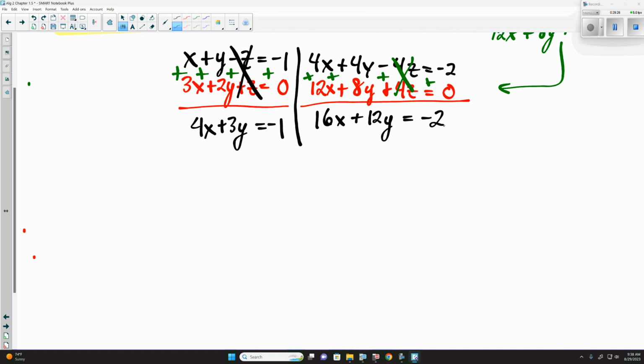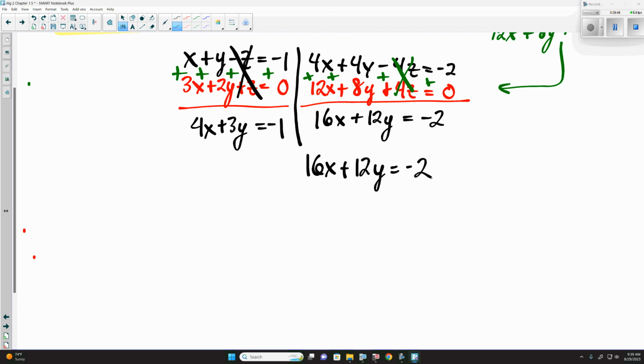Which variable do we want to eliminate next, x or y? It doesn't matter, because either one we can make into the other. So if we do x, we're going to turn 4x into 16x. So we can rewrite our 16x plus 12y is equal to negative 2.